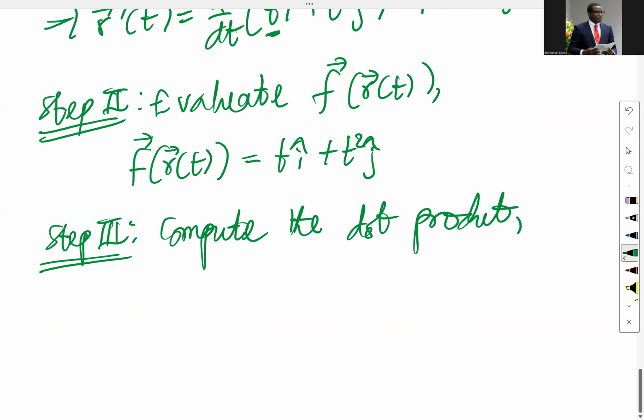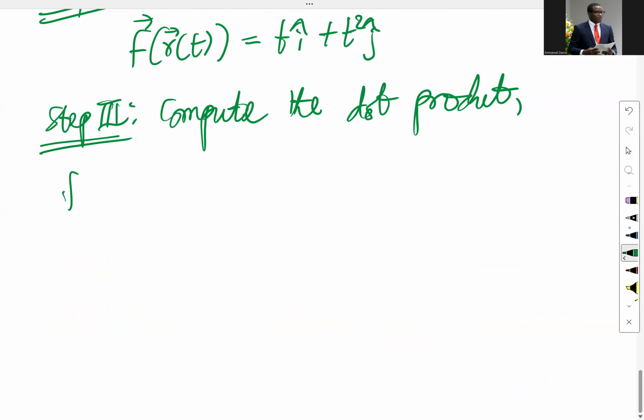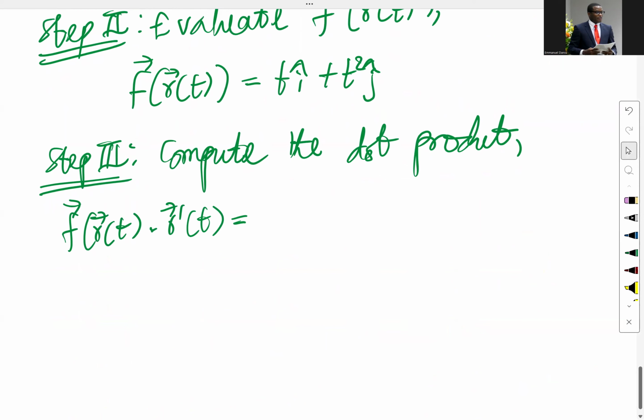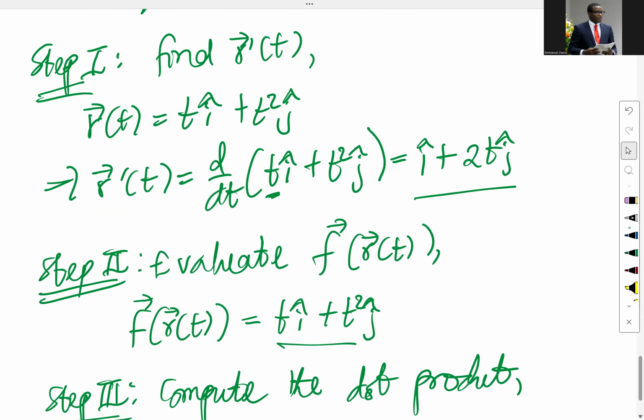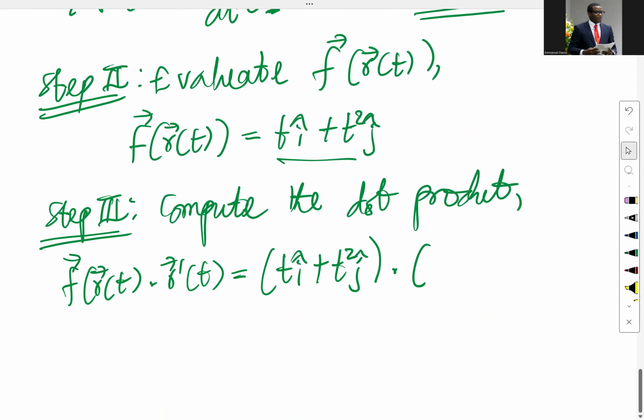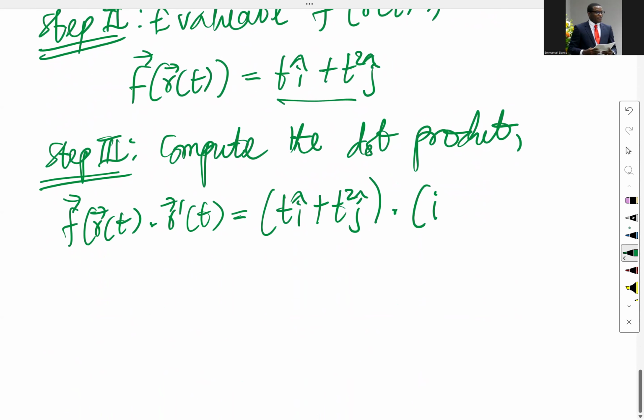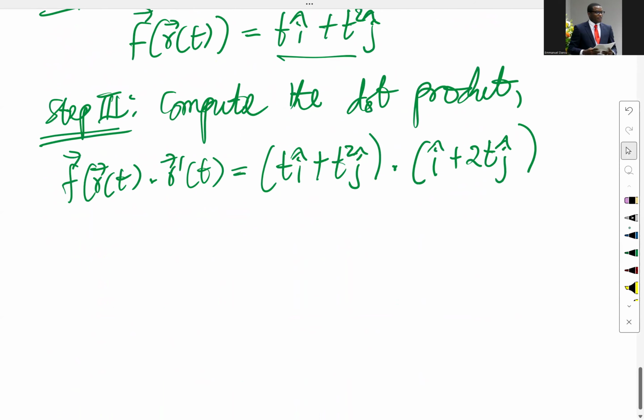So to compute the dot product, we have f of r of t dot r prime of t, and that is f of r of t, just like what we have now, ti plus t squared j, then dot r prime of t. r prime of t is this, that's i plus 2tj. For dot product, we already know that ti and i go together, so we multiply their coefficients.